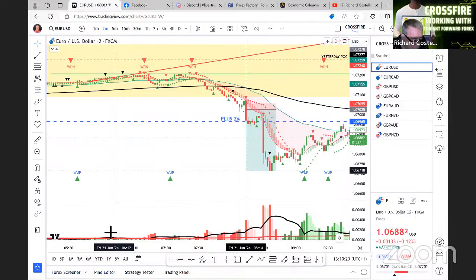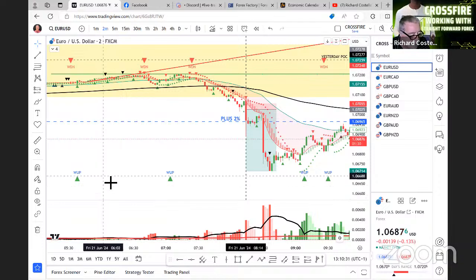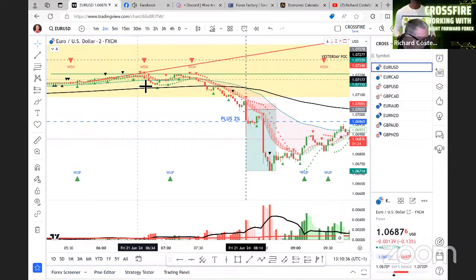So if we look at starting here, which was 6 o'clock when we were looking at the 15-minute candle opening, you can see that price very much went sideways. There was no big movements at all in there. And just bear with me 1 second, I just got a message.